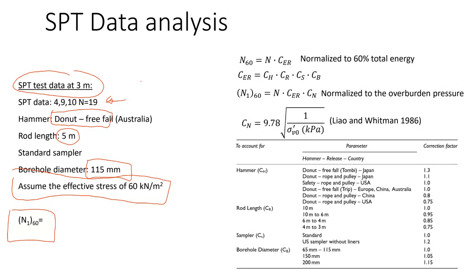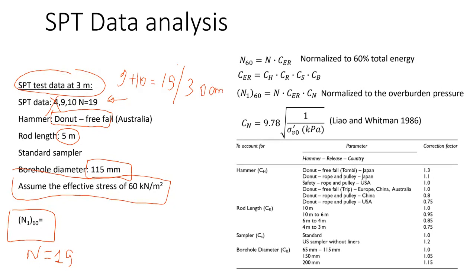First of all, what is going to be the raw SPT N number? It's going to be 19, yeah? You see, again, we disregard the first 4 blows, and then we just count 9 and 10. So 9 plus 10 is going to give you 19, for 30 centimeters, right?